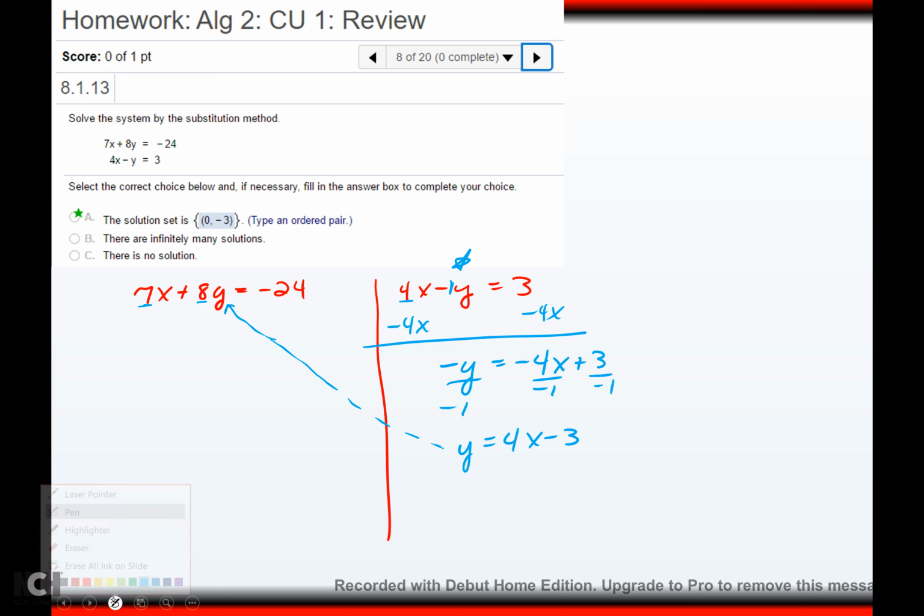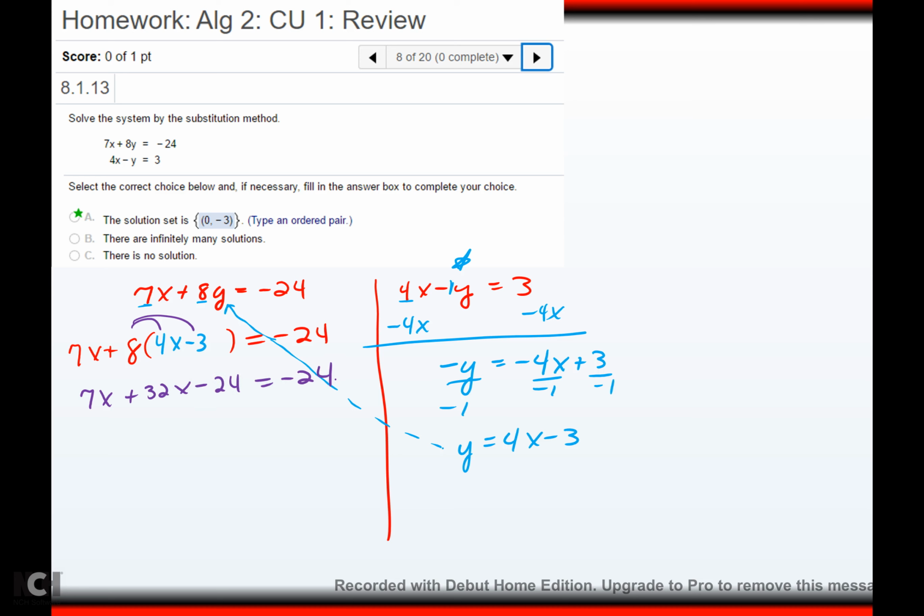So I'm going to have 7x plus 8 parentheses equals negative 24, and I'm going to plug in 4x minus 3 and simplify. That's going to be 7x plus 32x minus 24 equals negative 24.